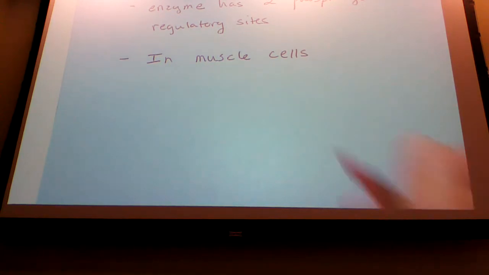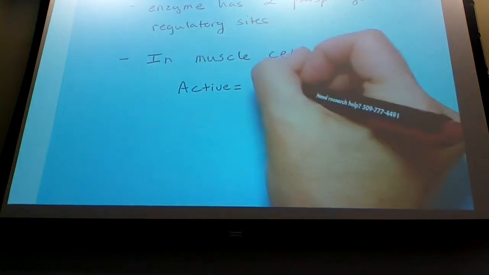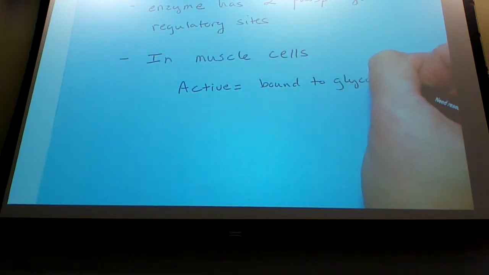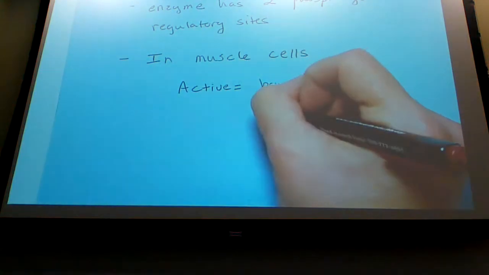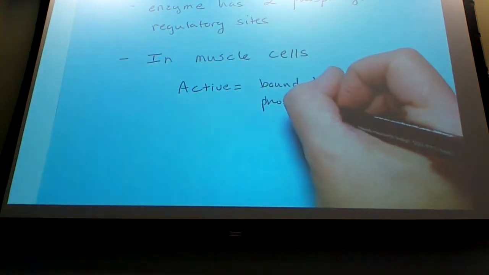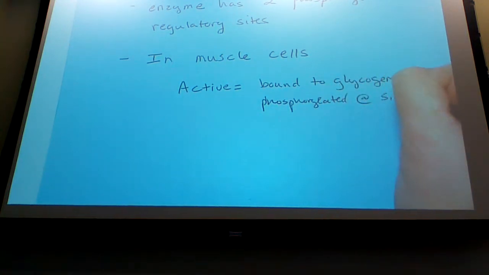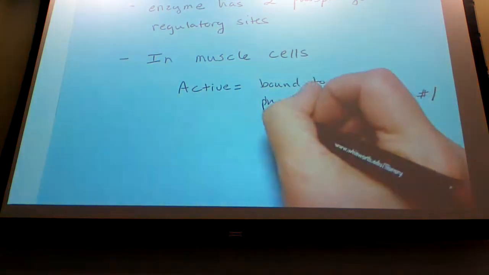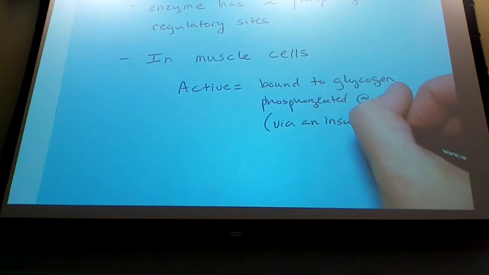So in muscle cells, the phosphatase is active when it's bound to glycogen and is phosphorylated at site 1. And that is via an insulin stimulated kinase.